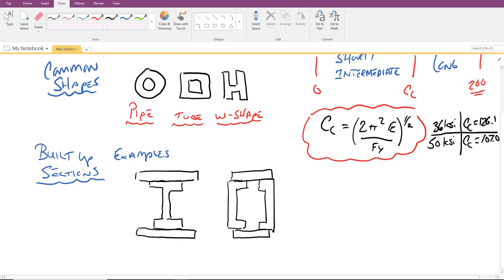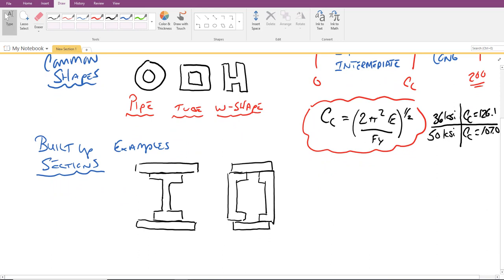Why would we care about this C sub C value? Much like when we were dealing with timber, when we're to the extreme right and we're talking about long columns, they tend to approximate Euler's buckling equation, and we call that elastic behavior. But in the shorter range, of course, we don't want to get our steel columns so short that we start to crush the material.